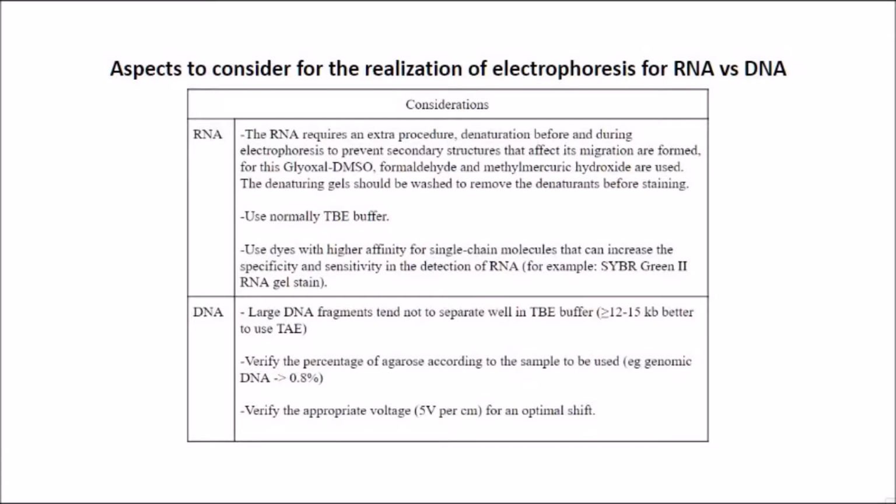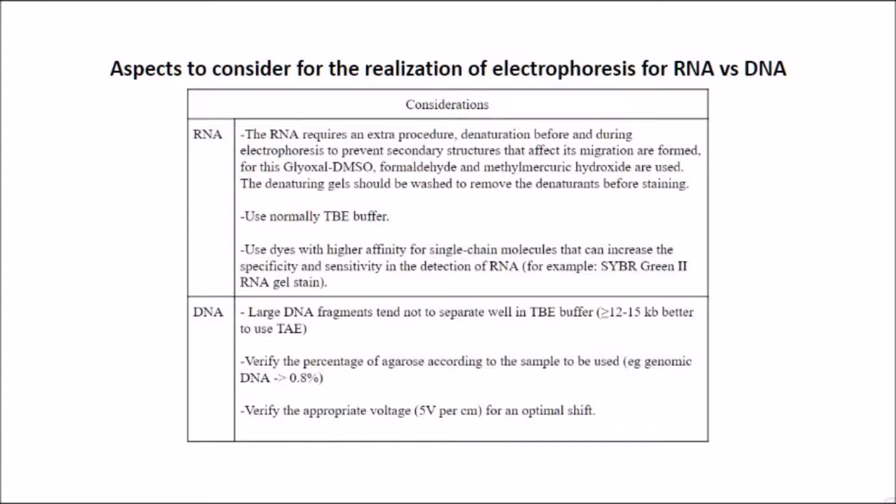There are some aspects to consider for the realization of electrophoresis for RNA versus DNA. RNA requires an extra procedure, denaturation before and during electrophoresis, to prevent secondary structures that affect its migration from forming.